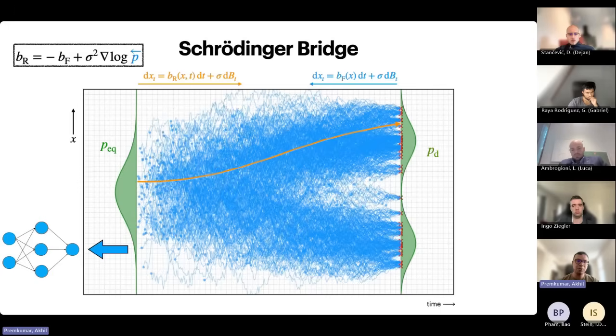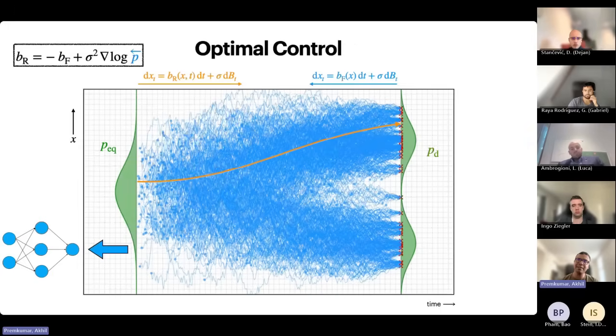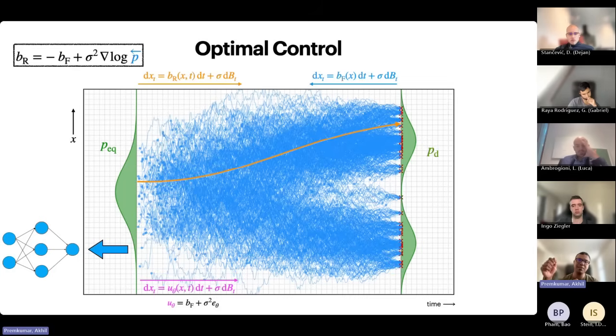This is, of course, a qualitative description of what happens. More practically, you would take the neural network and parameterize the supposed reverse process in the following way. I'm going to call the drift term U theta, and U theta is the forward drift term plus some parameterized control.